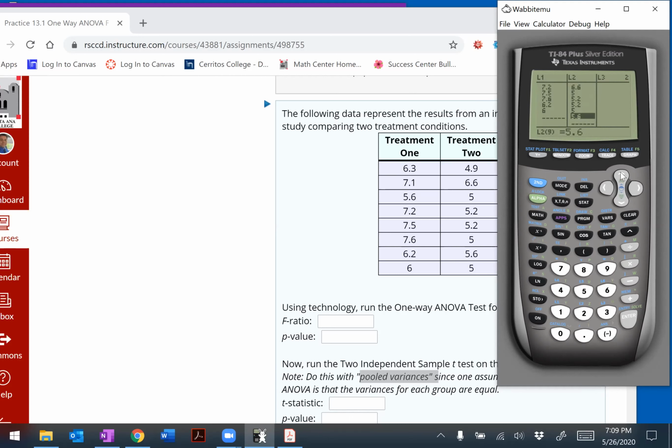Where did I screw up? Oh, it's because I didn't clear the list. Okay, 4.9, 6.6, 5.2, 5.2, 5, 5.6, and then 5. Okay, there we go. That looks good.